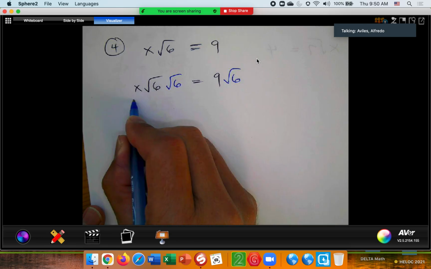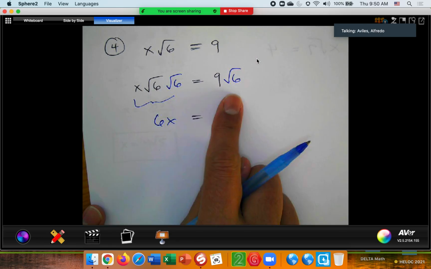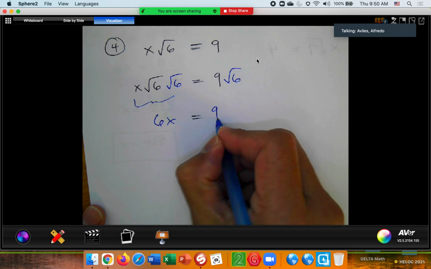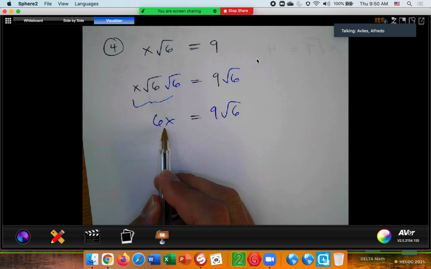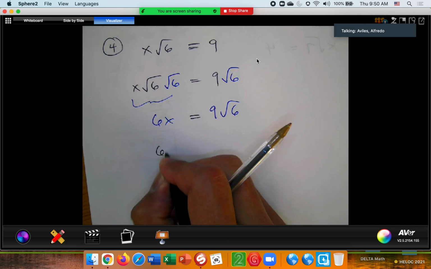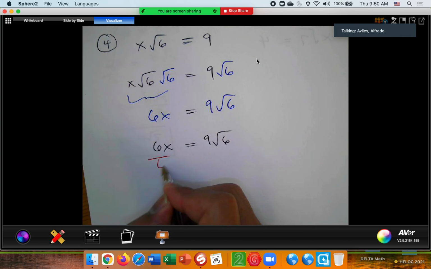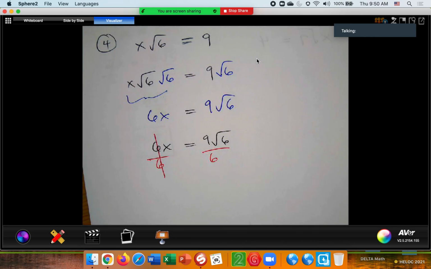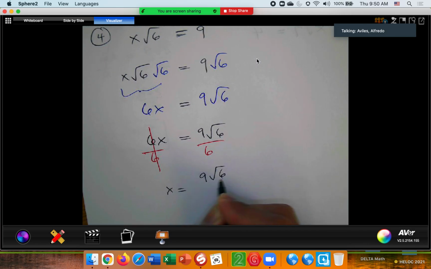What's left here? 6x equals, what's left here? 9 root 6. Now that it's a whole number, you can easily solve for x. How do you solve for x? Divide by 6, divide by 6. There it is. You got x by itself. x is equal to 9 root 6 over 6.